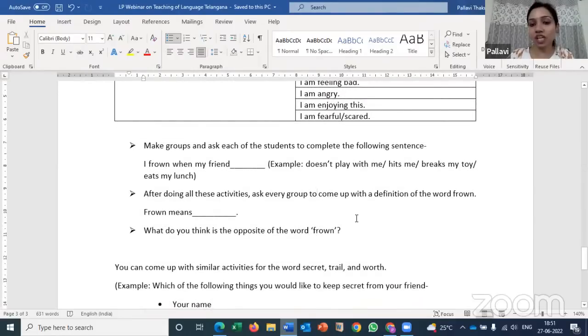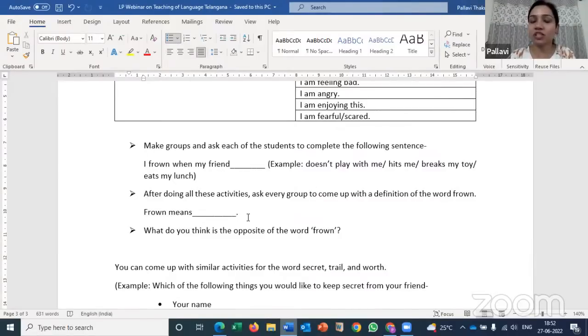So after you've done all these activities, after your students have engaged with the word in such an in-depth manner, then you can ask them to come up with a definition for themselves. So you can again make them sit in groups and ask them to fill in this sentence. Frown means, and let them complete the sentence, what it means to them. And because they're sitting in groups, they'll have some peer support.